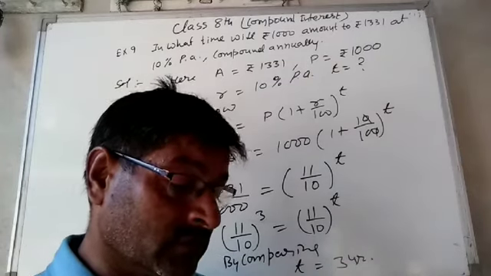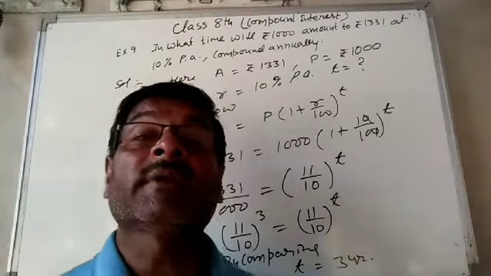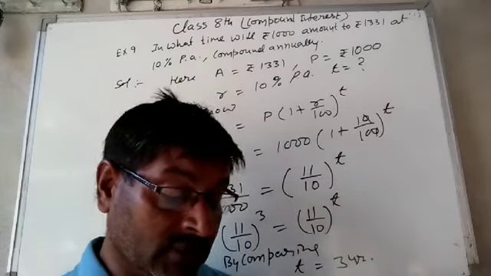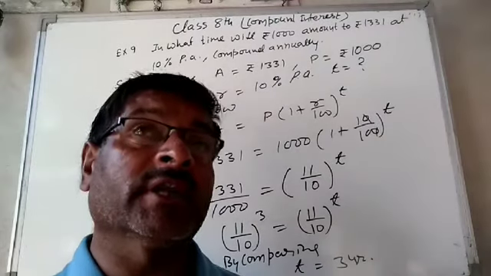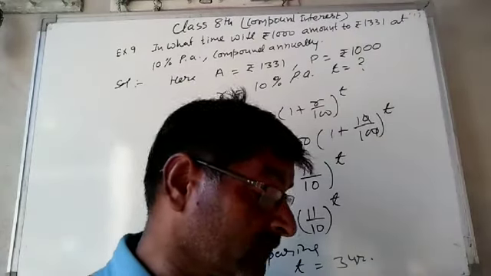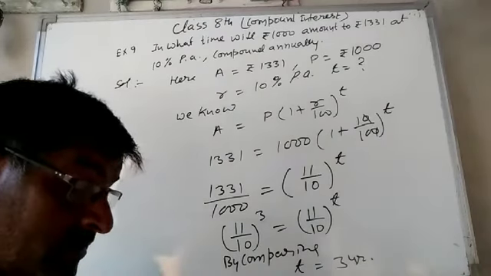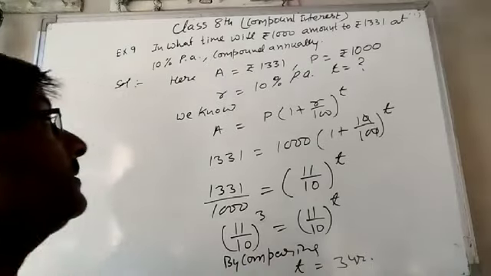Third, when the amount is given, how can we find the principal. Fourth, when the amount, the principal and the time are given, how can we find the rate. And now we are going to learn how to find the time, when the amount and the principal are given in this question.